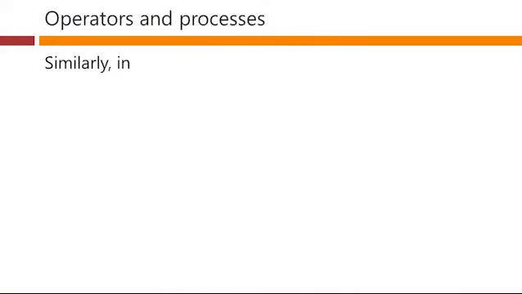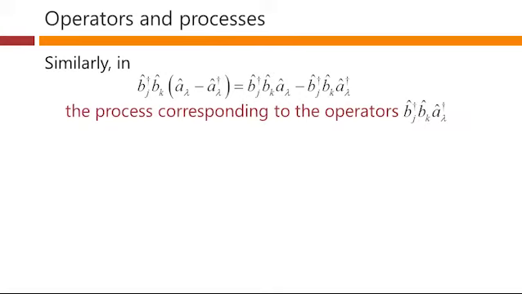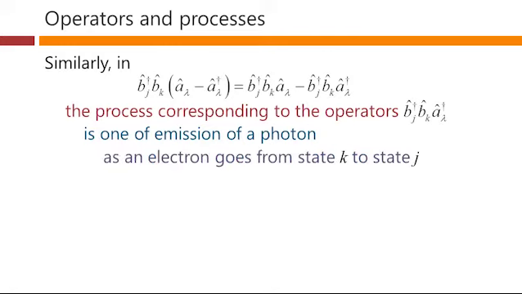But these annihilation and creation operators, very conveniently, tell us exactly what process some term corresponds to. Similarly, in this expression as written out, the process corresponding to this chain of operators is one of emission of a photon, as an electron goes from state K to state J.